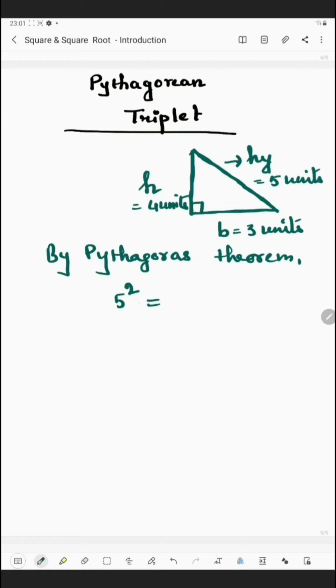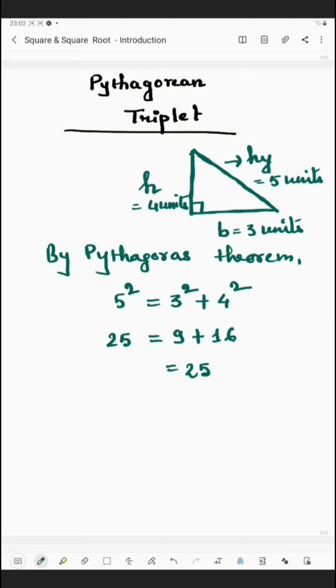So the square of the hypotenuse is always equal to the sum of the squares of base and height. So 3 square plus 4 square. Now 5 square means 25, and 3 square means 9 plus 4 square means 16. So 16 plus 9 is 25.